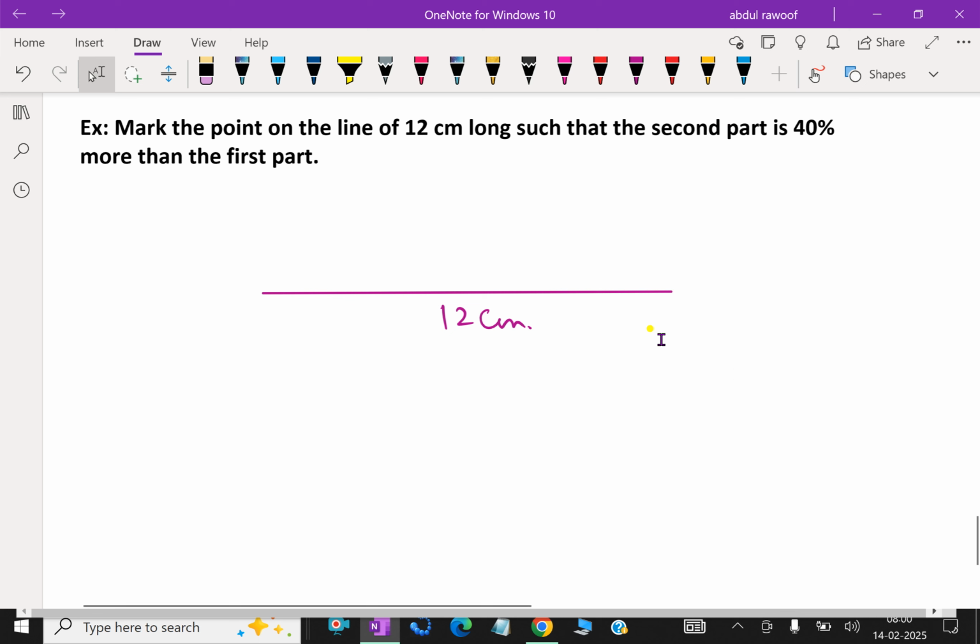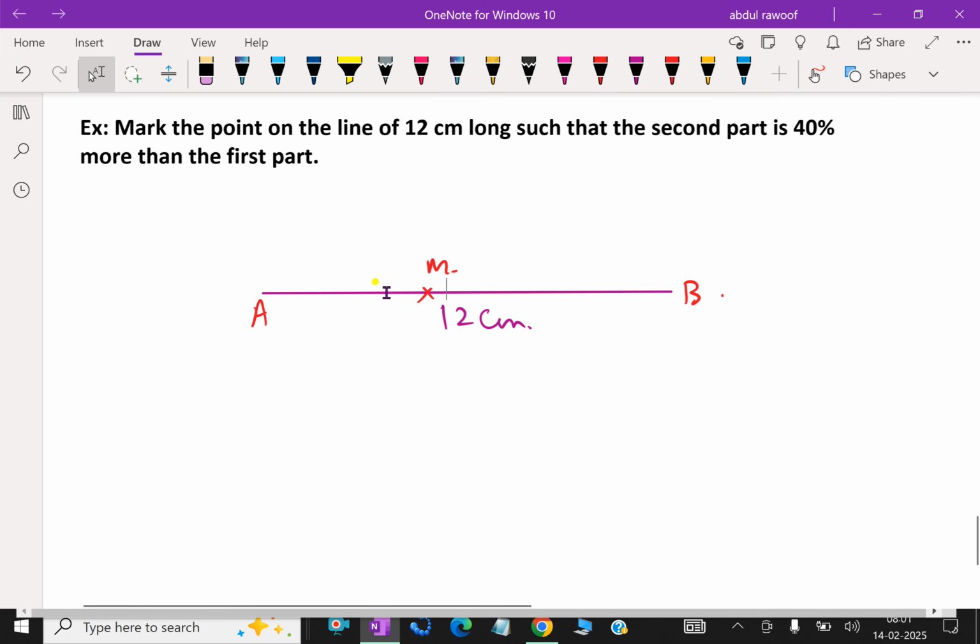We have to mark a point here such that the second part is 40% more than the first part. Let the line be A to B, and this point be M.